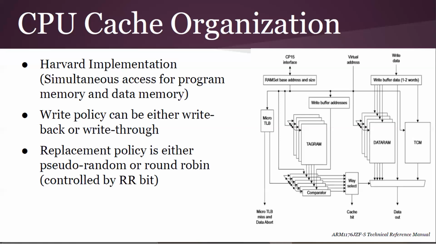Replacement policy, all of you know what it is: when the central processing unit does not find the reference in cache memory, there is a miss operation, isn't it? There is no hit operation. You are aware of what is hit and what is miss. So when a miss occurs, what will the CPU do? It will look into RAM instead of looking into the cache.